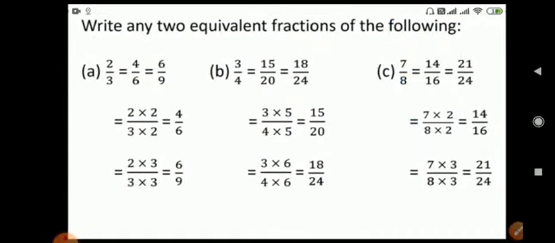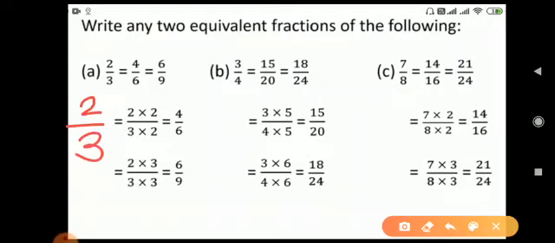Another question: write any two equivalent fractions of the following. If this type of example is given, then how do you solve it? First is 2 upon 3.